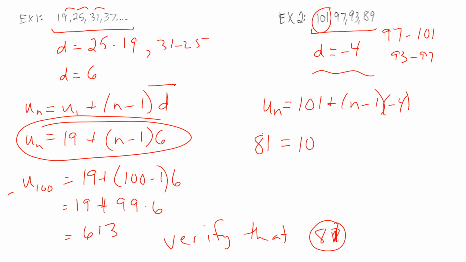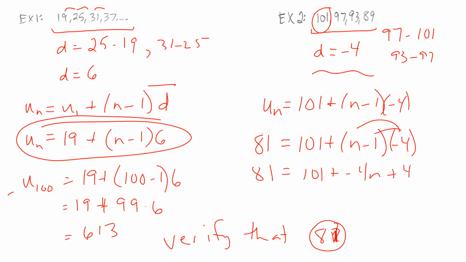We don't know what n is, but we do have everything but n. So if we can solve for n and not get a decimal, this is the distributive property kind of in the different direction.